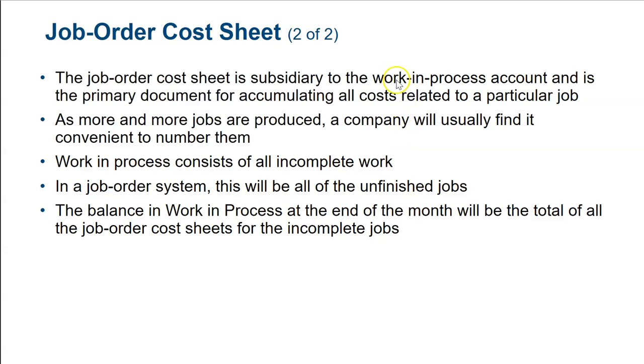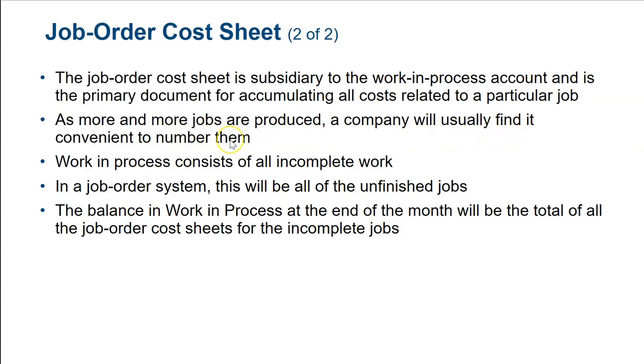So let's think about this. If we are looking at the balance sheet and we see work in process has a value of, say, $200,000, we're saying that the work in process account is made up of multiple job order cost sheets that are not yet complete.